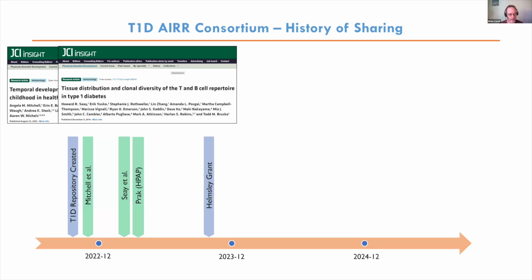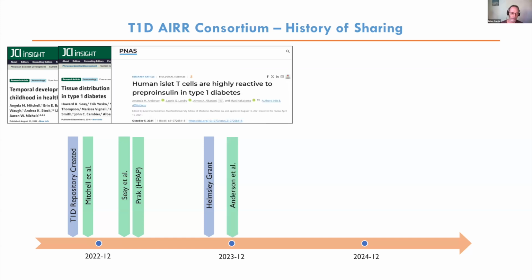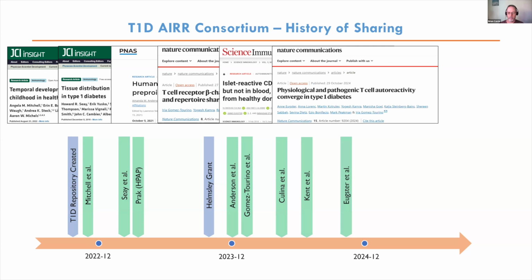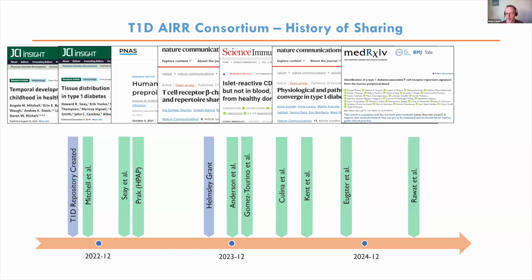At the same time, Aaron and Todd were looking at grant opportunities. They put in a grant proposal to the Helmsley Trust, and that grant was awarded in 2023, and that really sparked the growth and the addition of new data sets. Over time, we've been working with collaborators within the consortium, adding more and more data sets. And that will continue.